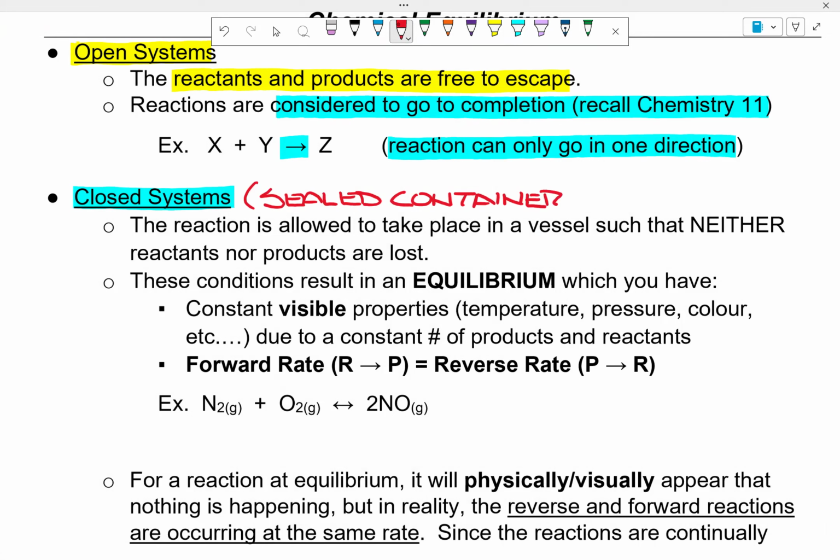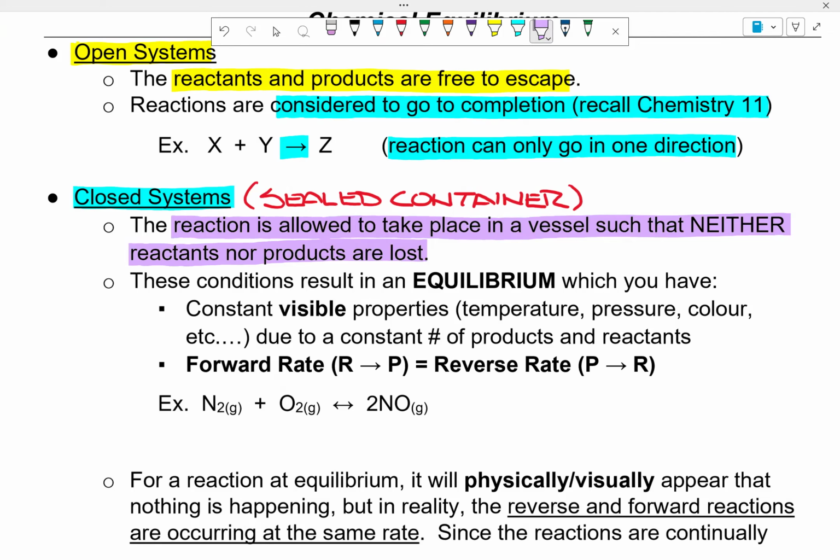Now, when we have a closed system, what that means is the reaction is allowed to take place in a vessel such that neither reactants nor products are lost.